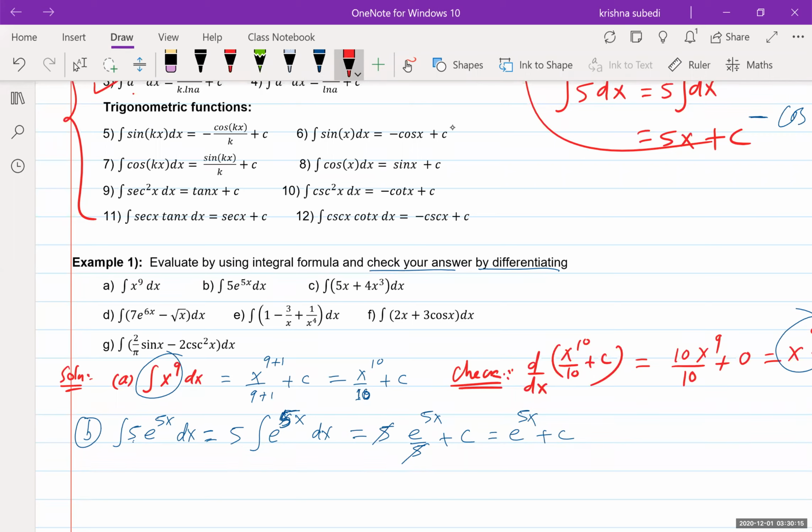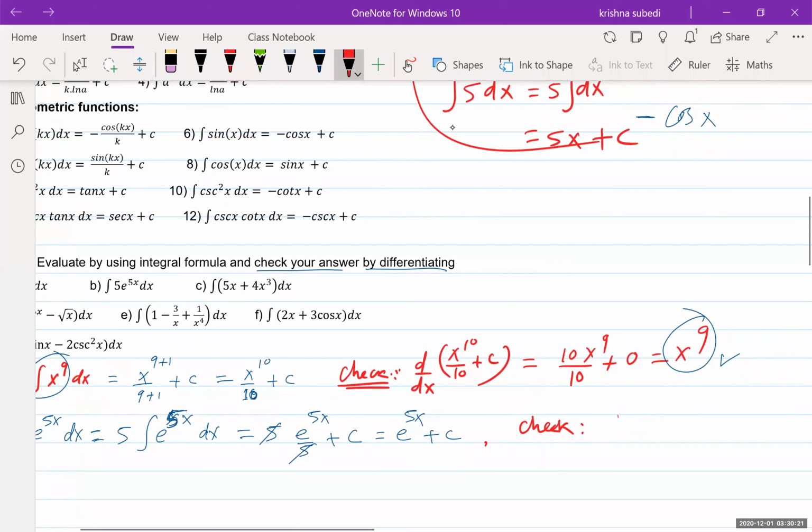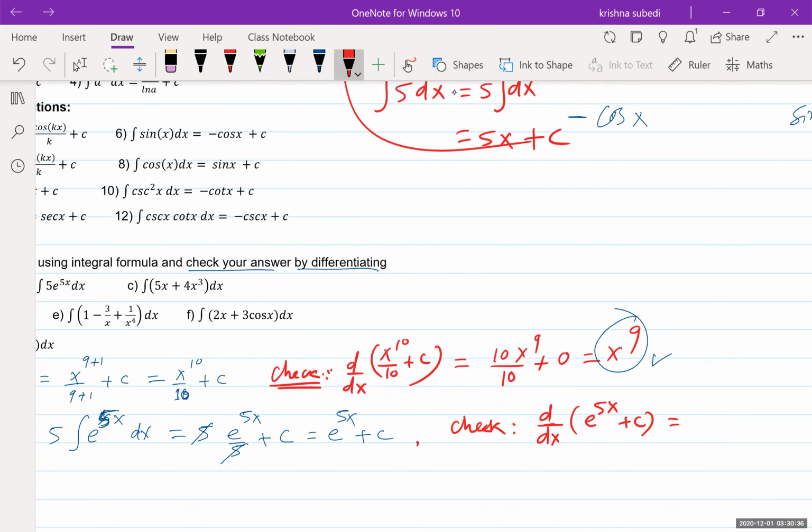Now let's check our answer. So derivative of the first one is e to the 5x.